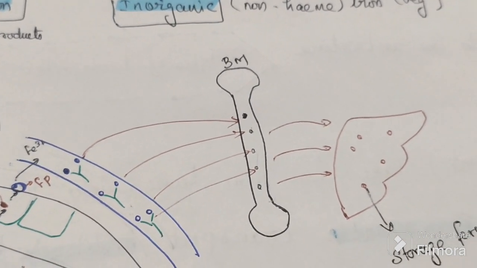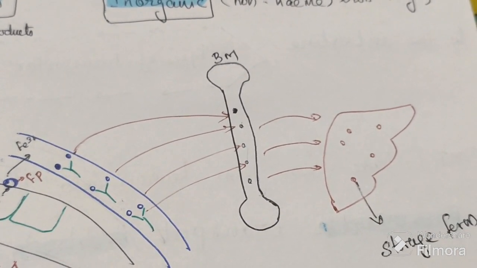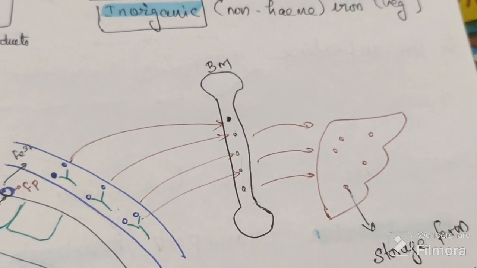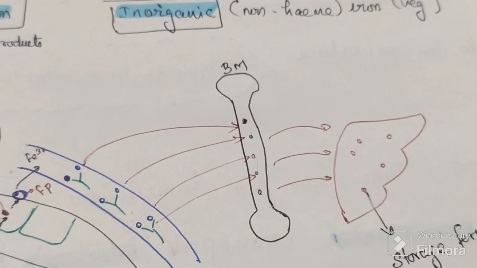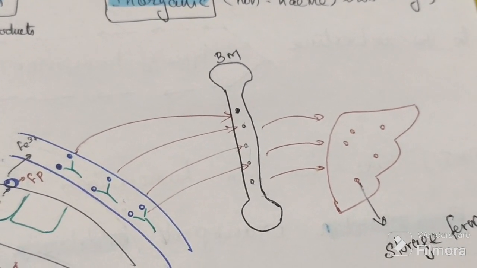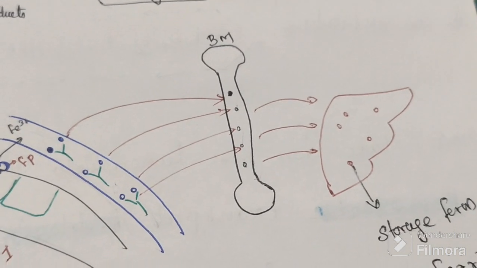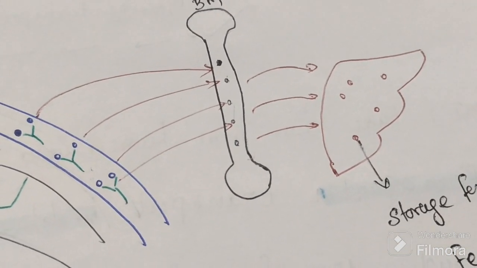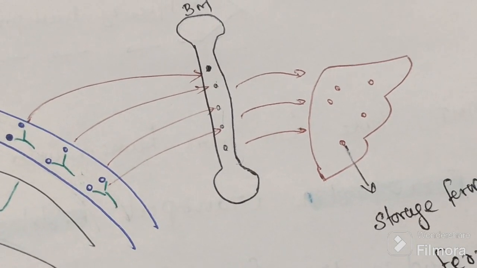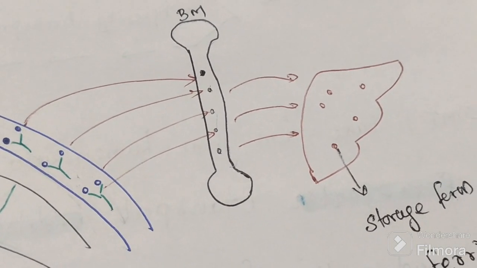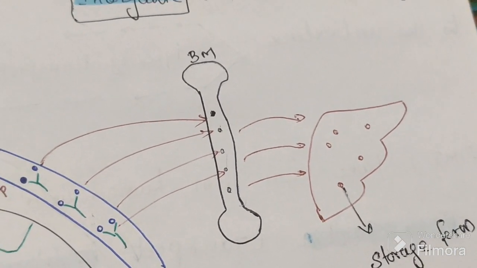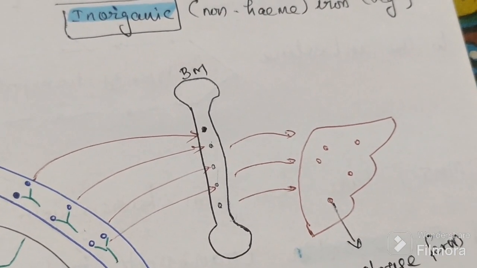Whatever iron is required in the bone marrow for hemoglobin (HB) synthesis will be taken by the normoblasts present inside the bone marrow, and they will synthesize hemoglobin out of that iron.